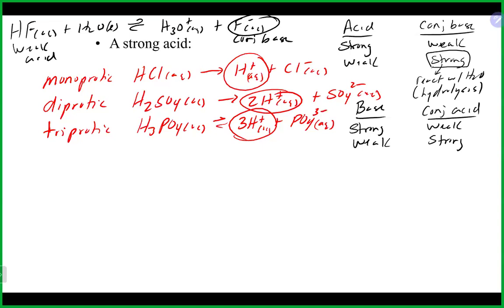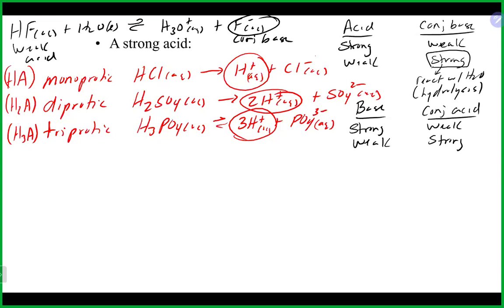In general, a generic formula for each of these, if they're not talking about a specific acid, they'll sometimes just use HA to represent a monoprotic acid, H2A to represent a diprotic acid, H3A to represent a triprotic acid. Those are just generic formulas that are sometimes used.